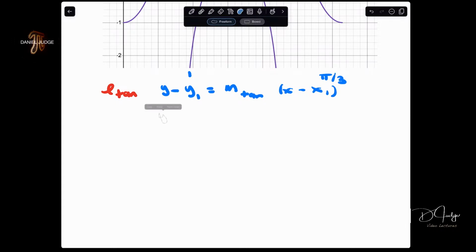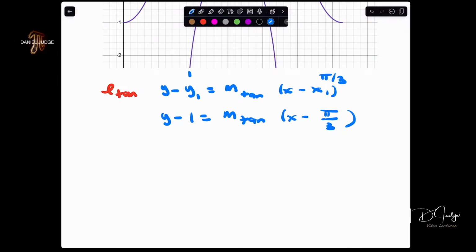So you have y minus 1 is m tangent times x minus pi over 3. We need m tangent. Now, m tangent will be the derivative of y evaluated at x is pi over 3.